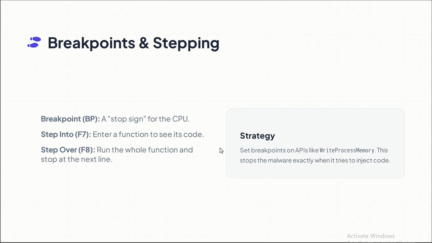That means when you press F9 on a memory address in the x64dbg debugger, when the malware hits it, it stops. And then you have step into, where you move deep into the function to see its code. But step over runs the whole function and stops at the next line.